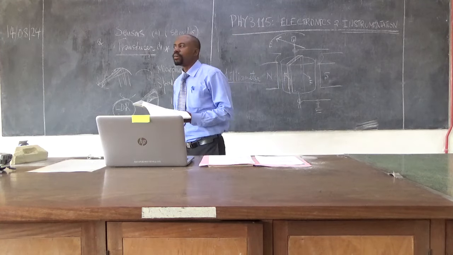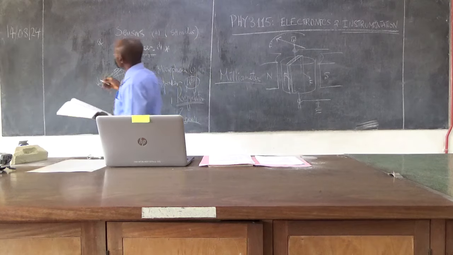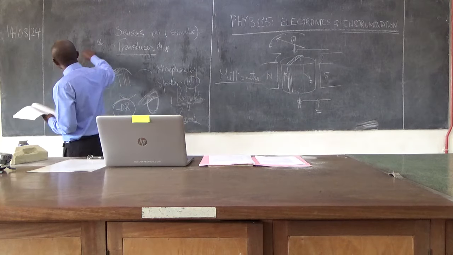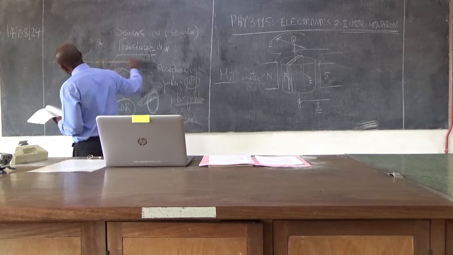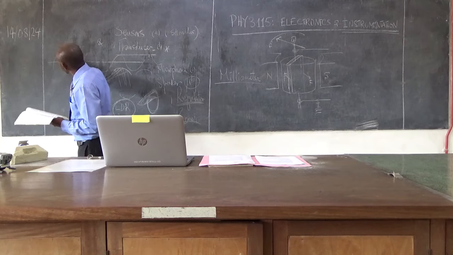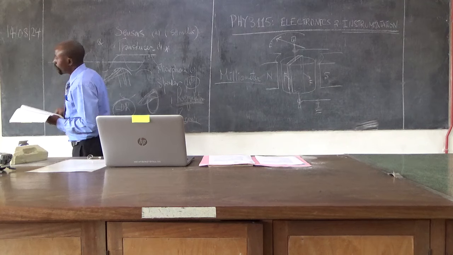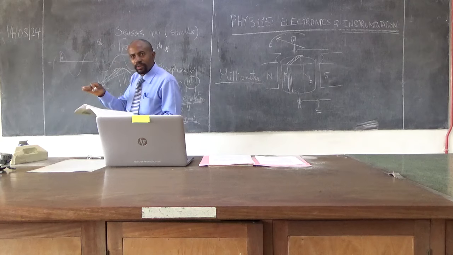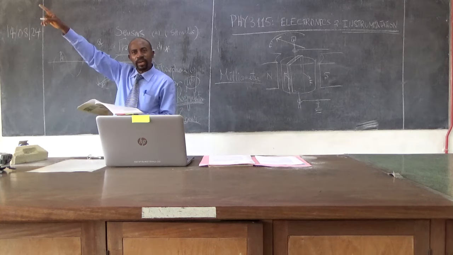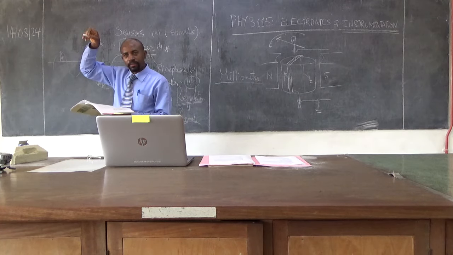Those days we used to do amplitude modulation. Amplitude modulation means that if you have a sinusoidal signal, you modulate the amplitude and keep it at a given value so that you can transmit it as far away as possible.